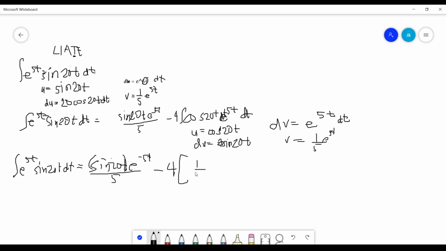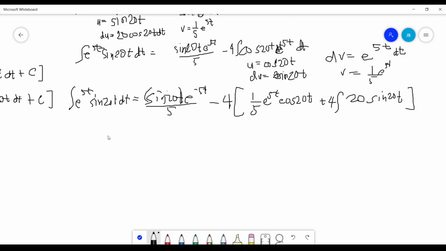So 1/5 e^5t cosine 20t minus the integral of, finally, we're near the end, 1/5. So 20 divided by 5 is plus 4. Plus 4, 20 sine 20t. Okay, so we're really close now.